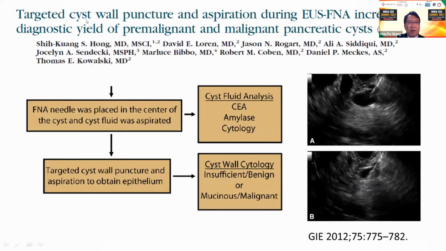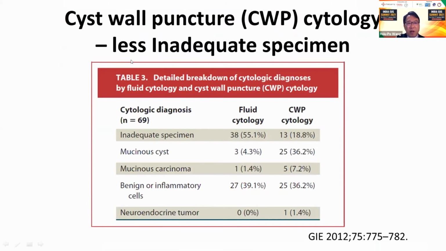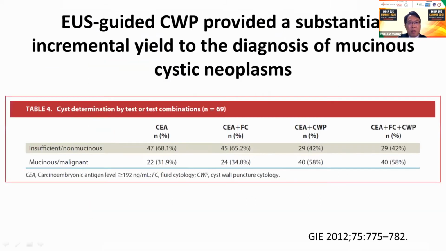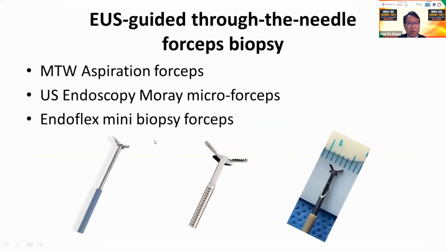Some targeted cyst wall puncture and aspiration is suggested, because you can have fewer inadequate specimens, increase the diagnostic yield, and also provide a substantially increased yield for the diagnosis of mucinous neoplasm compared with other examinations.